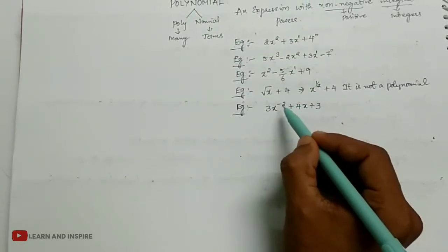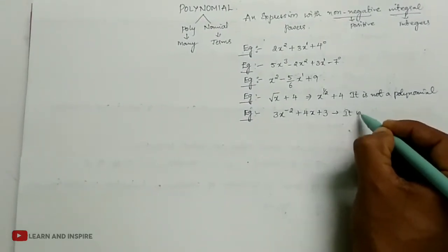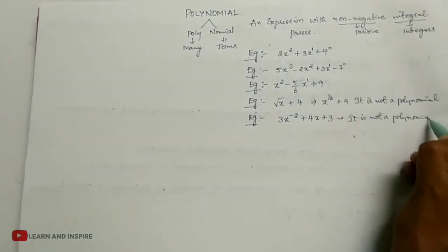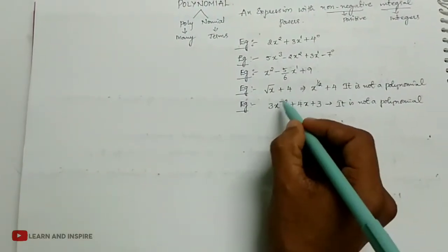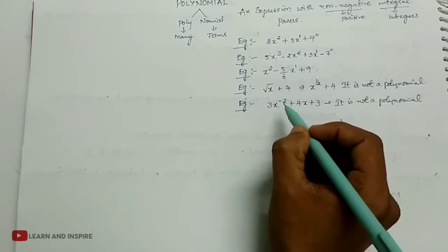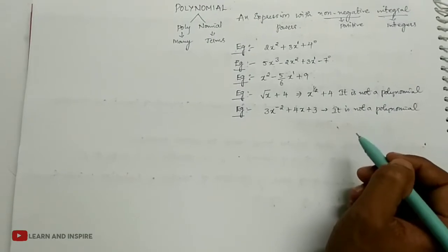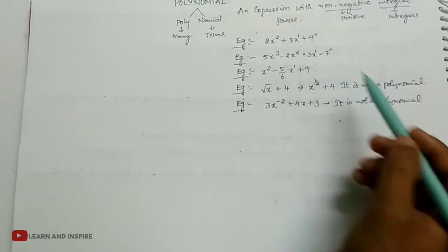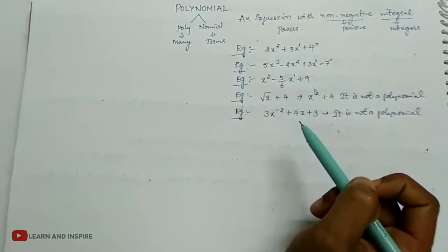So if there is a negative power in the expression, then we can identify it is not a polynomial. So understood? These are the examples of which are polynomials and which are not. I hope you are clear about this definition of a polynomial. Understood?